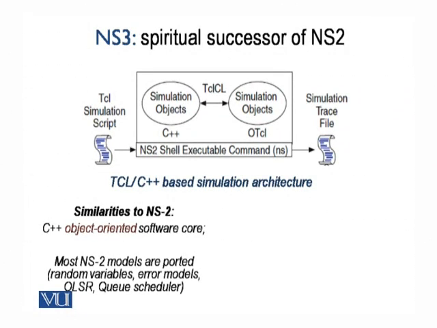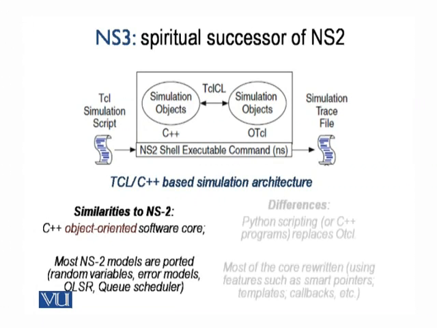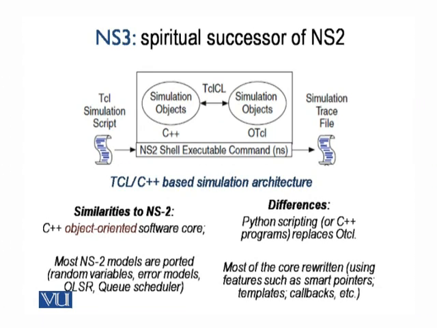NS3 also has an object-oriented software core in which it uses the C++ language. It also tries to incorporate the models of existing simulators, and many NS2 models have been incorporated. The major differences are that we are not using TCL anymore, and instead, for writing scripts, we are making use of Python. Most of the core is rewritten according to modern software engineering practices, such as using smart pointers, templates, and callbacks, so that we have a more stable system.